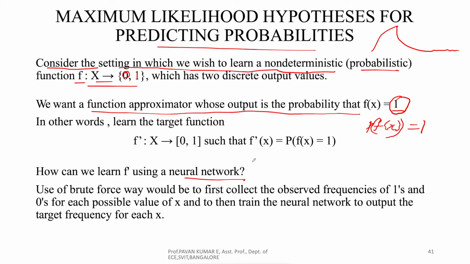Now we are going for the implementation. A brute force way could be to first collect the observed frequencies of 1s and 0s for each possible value of x, and then train the neural network to output the target frequency for each x.